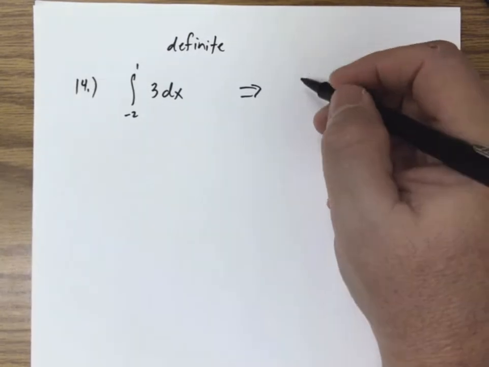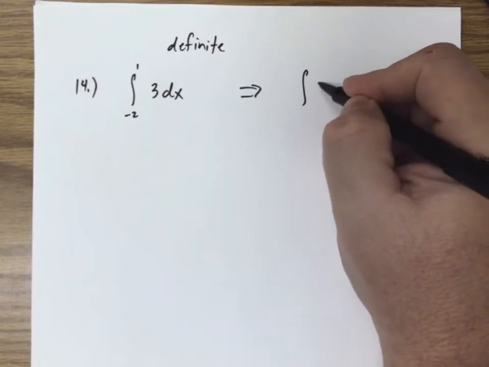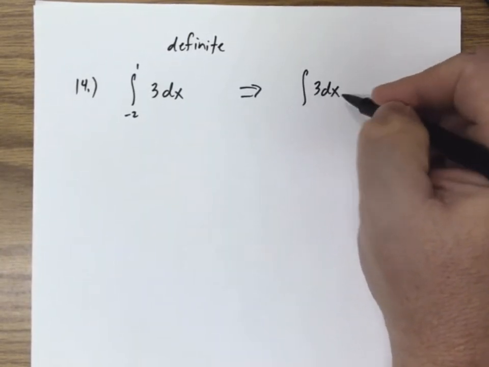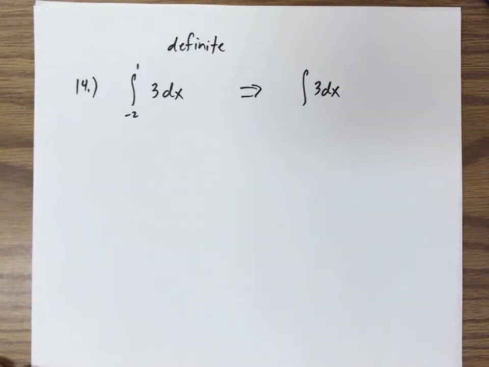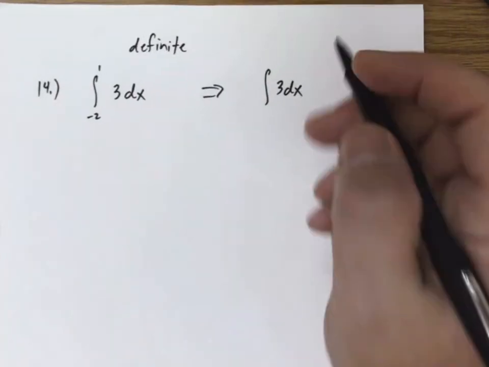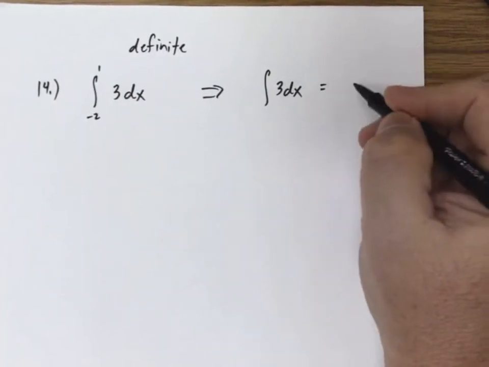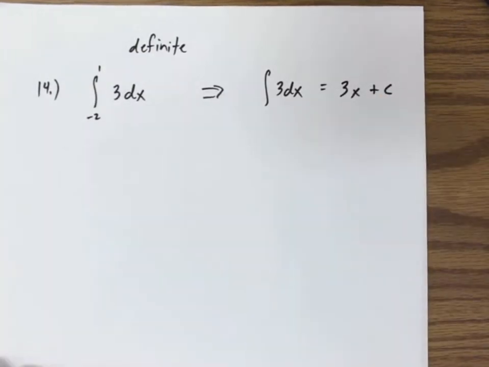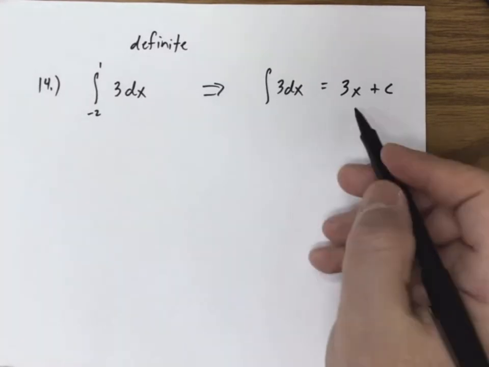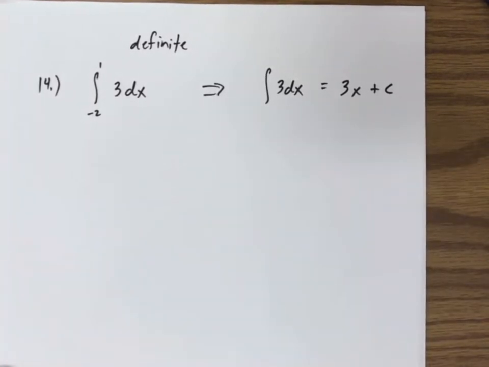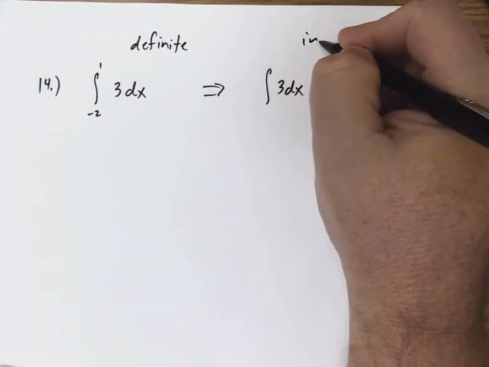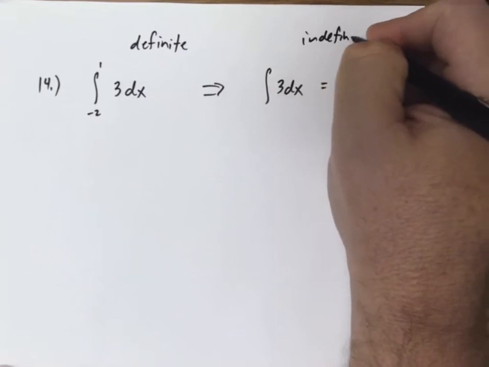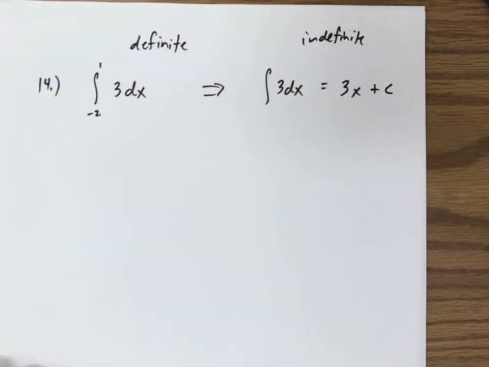Let's compare that to if we were just trying to solve the integral of 3 dx. Since it's a constant, we would write 3x plus c and we're done. So this is an indefinite integral problem.